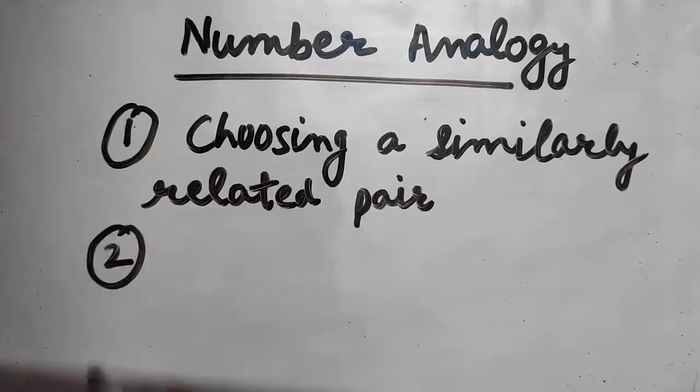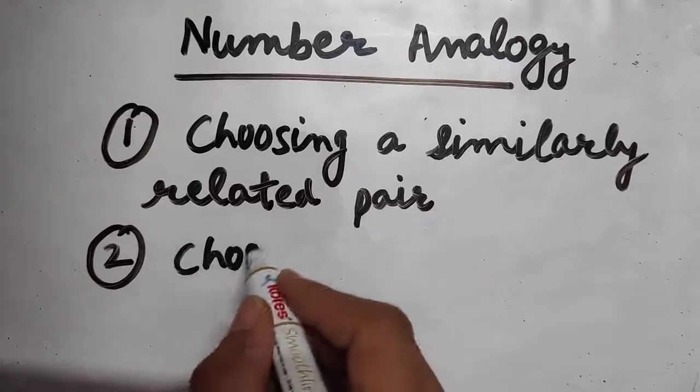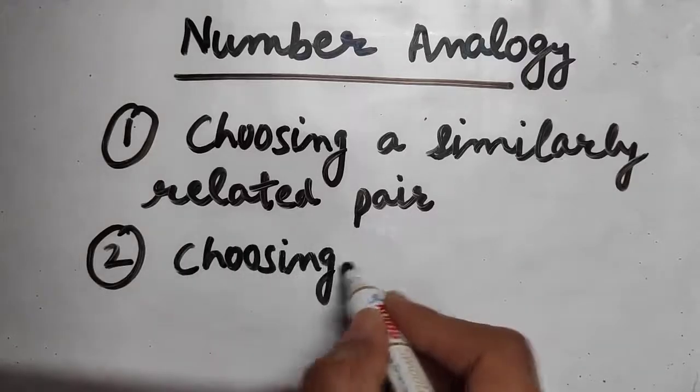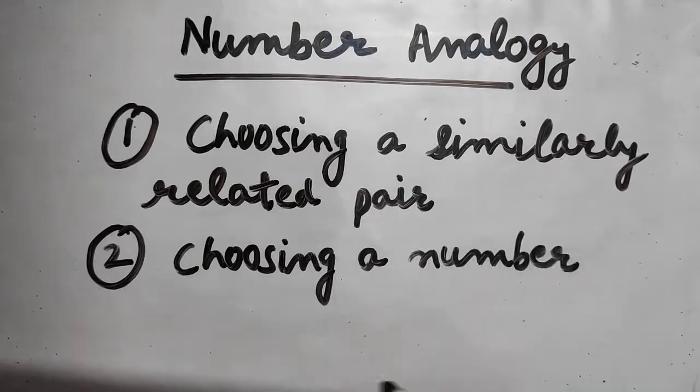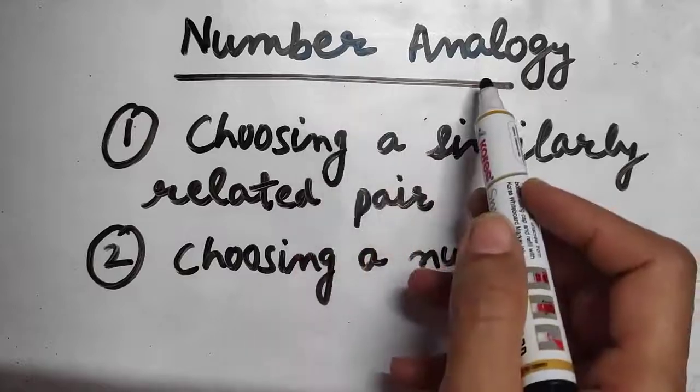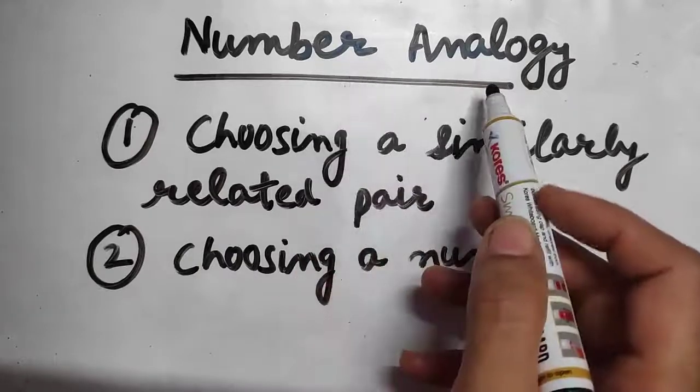And second type of questions will be choosing a number to a group of numbers on the basis of certain common properties that they possess. So these are the two types of questions which we are going to cover in number analogy.